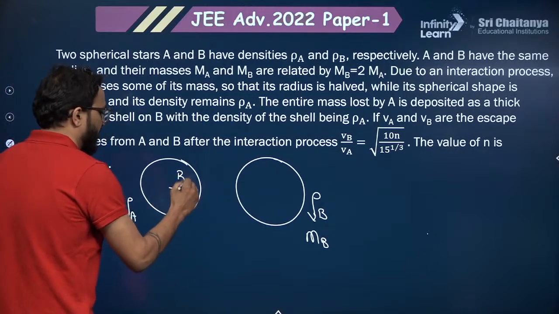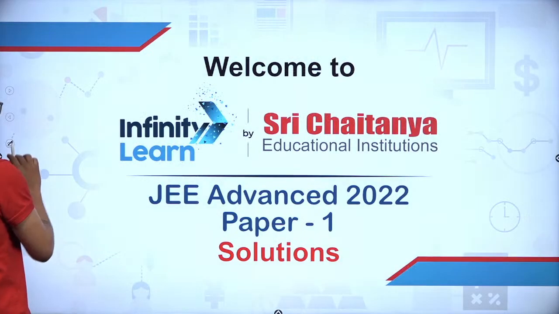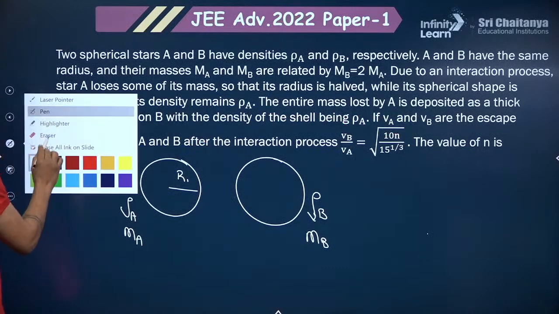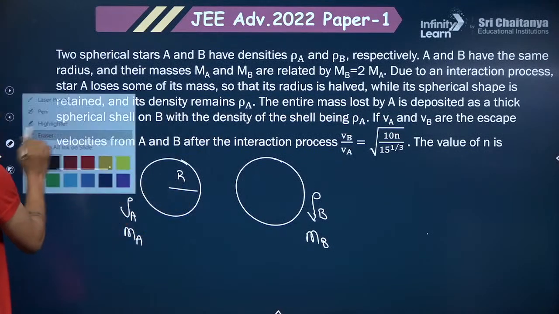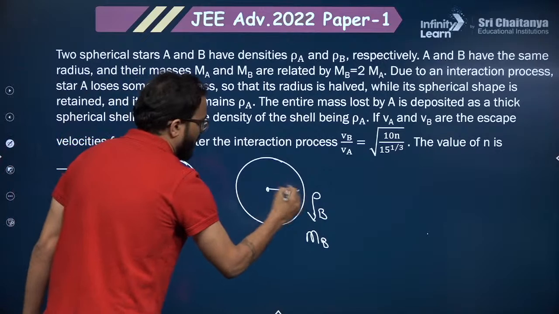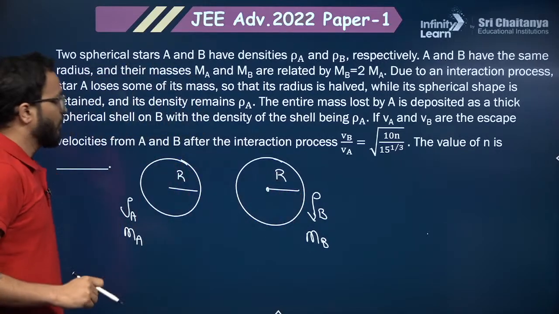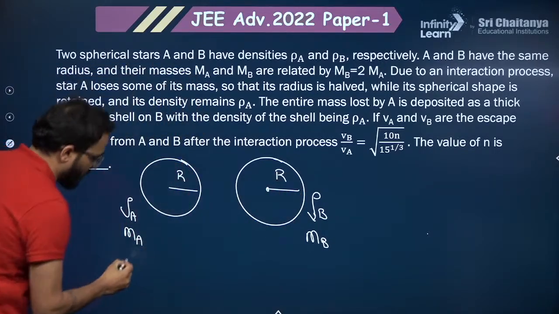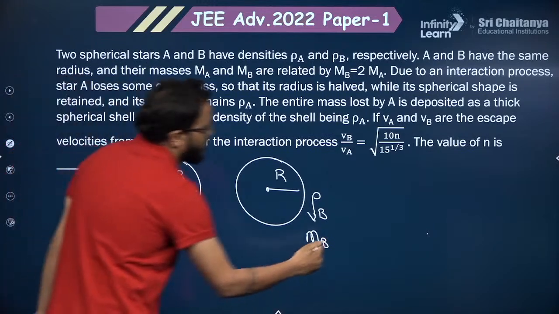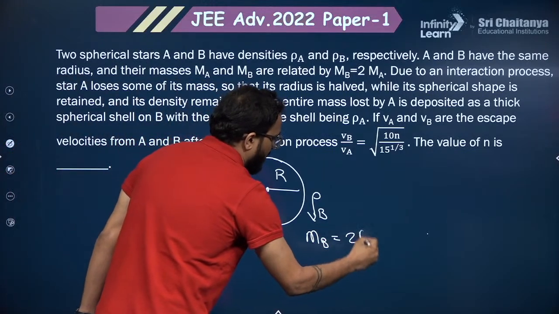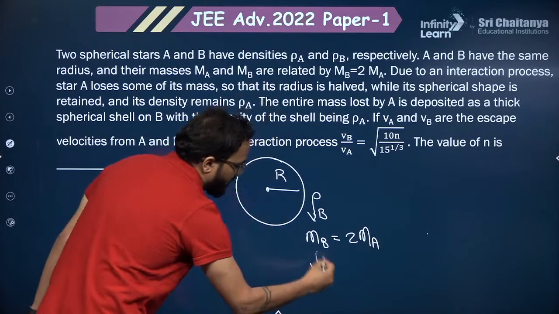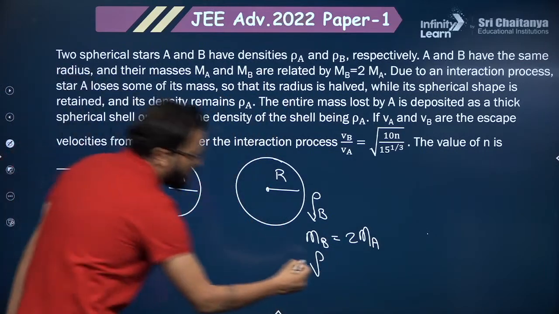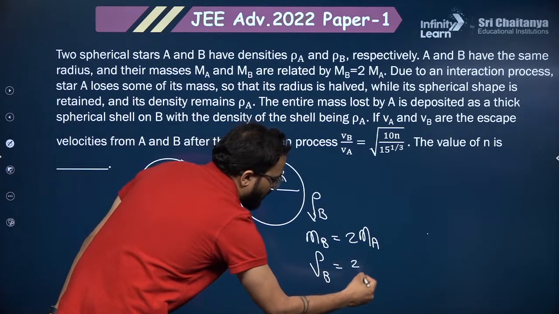So, initially let's say the radius is R only. Now, what they are saying is that one more relationship is also given, that Mb is equal to 2 times Ma. Okay, so obviously since volumes are the same, rho b is equal to 2 times rho a.